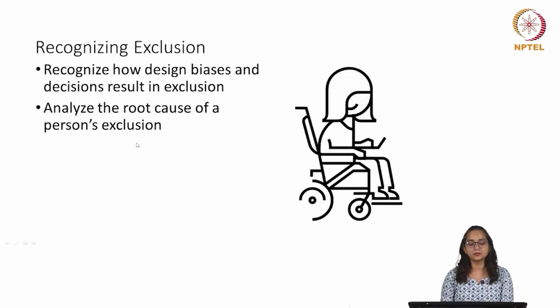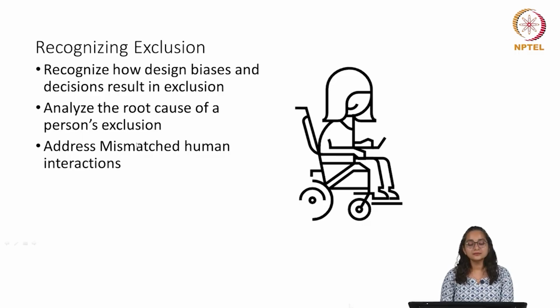Putting the aspects of a person's need on a disability spectrum can be another way, and putting the needs, the aspirations, the frustrations of the users in order to understand the root cause of why they are feeling excluded from the system is something which can help us recognize exclusion.